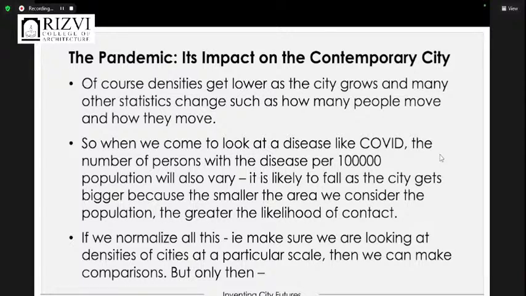Nevertheless, the whole question of nearness, how near you are to the disease, whether it is being transferred from person to person or from one surface to another. In that context, the closer you are, the greater the probability that you will contract the disease.